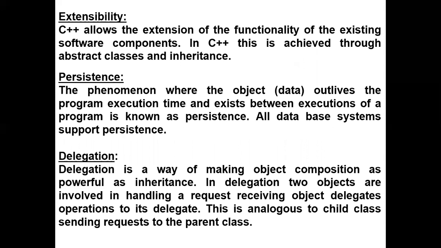The properties of C++ are more real world related, with class and inheritance, than C. We make classes, we make inheritance, and we can extend one object to another object. So extendability is there in C++.